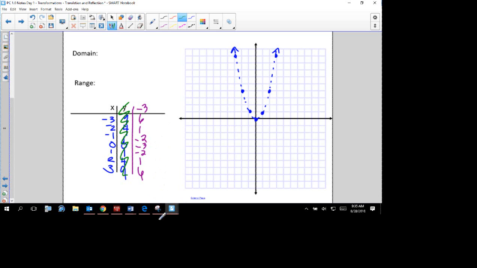So then we graph the original x's and the new y's. And you should have your picture that is transformed, translated, down 3 units.